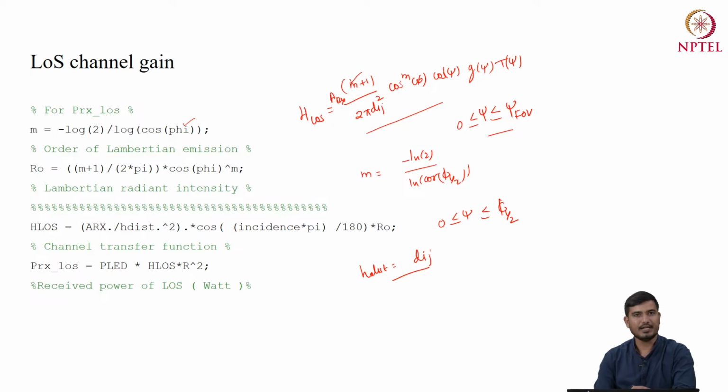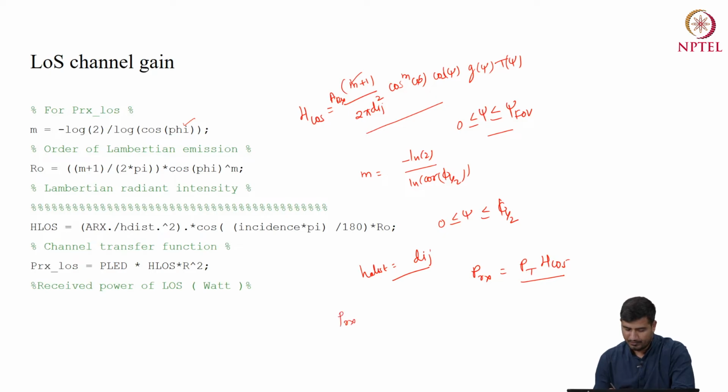Based on that, if you have this line of sight channel gain value, in VLC your received power is nothing but the transmitted power multiplied by the line of sight channel gain, and we have also already specified the transmitter or LED power earlier.